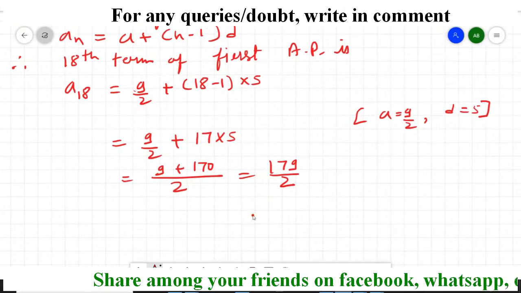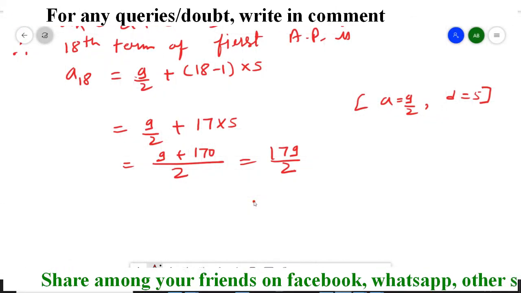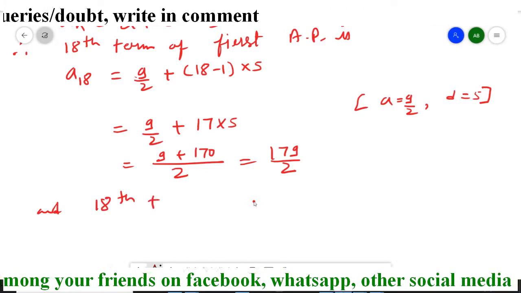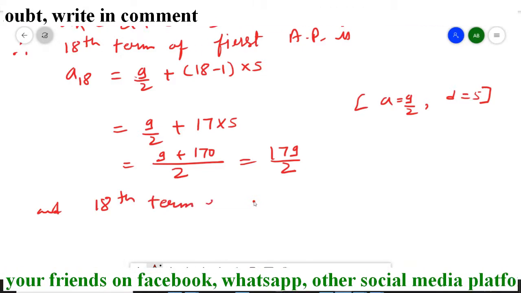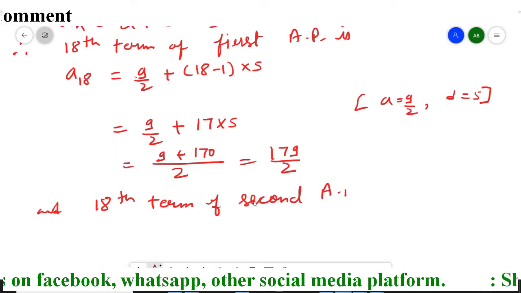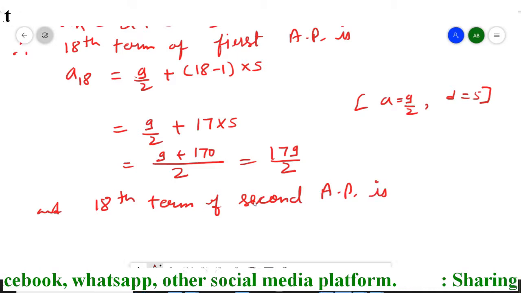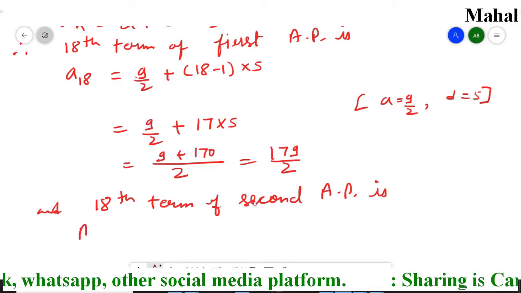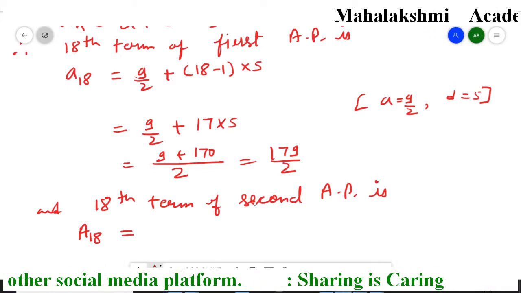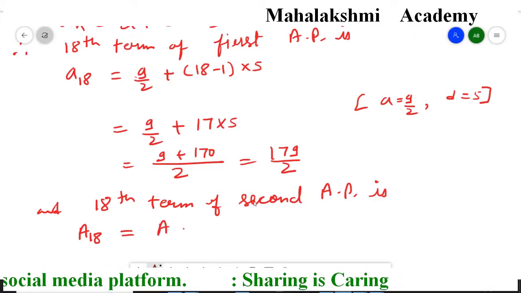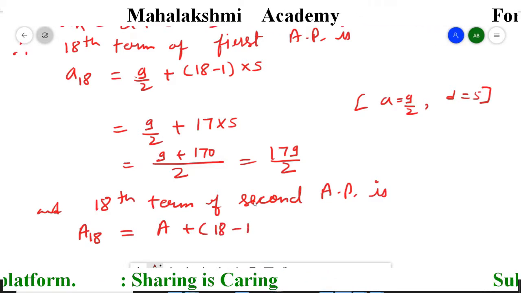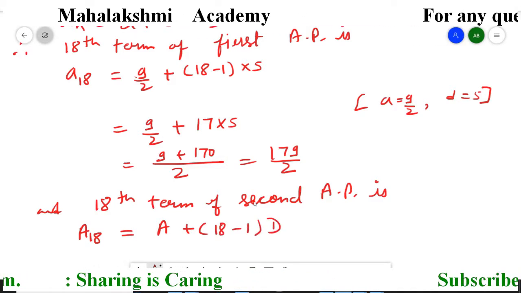Now in the same way, we'll calculate the 18th term for the second AP also. The 18th term of the second AP is A18, and here capital A will come, as I already mentioned that for the second AP we have to assume everything as capital.